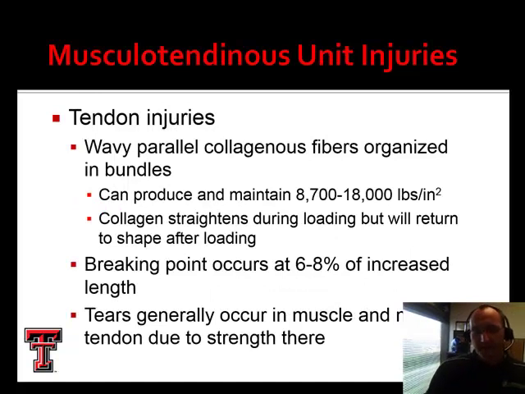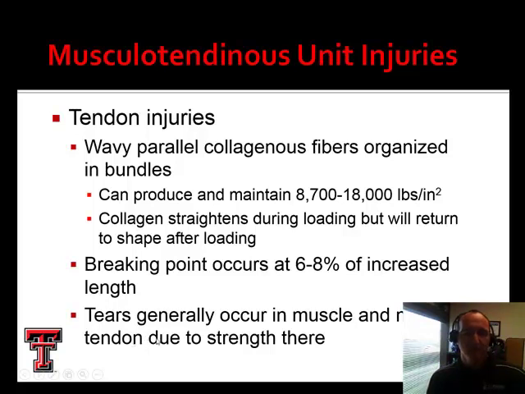Okay, tendon injuries, we see these from overuse and acute as well. Lots of times we see acute injuries in older athletes or those who have had significant chronic injuries. So if they've had Achilles tendonitis for several weeks, for instance, then they're more likely to suffer a rupture. Tears generally occur in the muscle and not in the tendon.